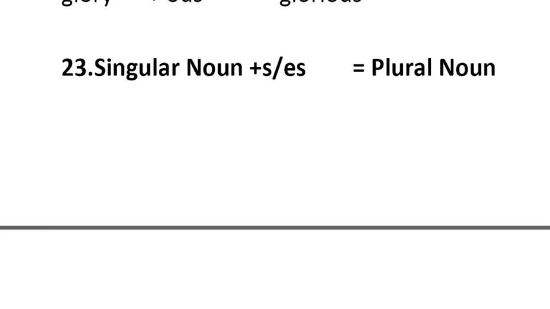Next rule: singular noun, then you add suffix s or es and it becomes plural noun. How?